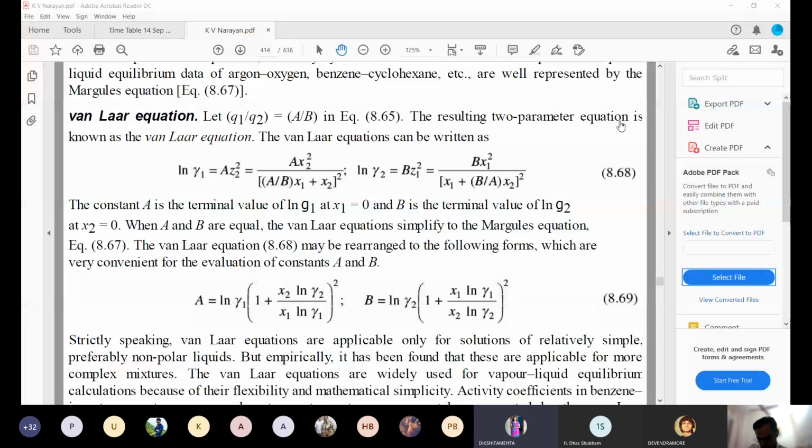Minus 1.3924 and minus 2.2823. So what is A value and what is B value? Sir, A is minus 1.3924 and B is minus 2.2823.